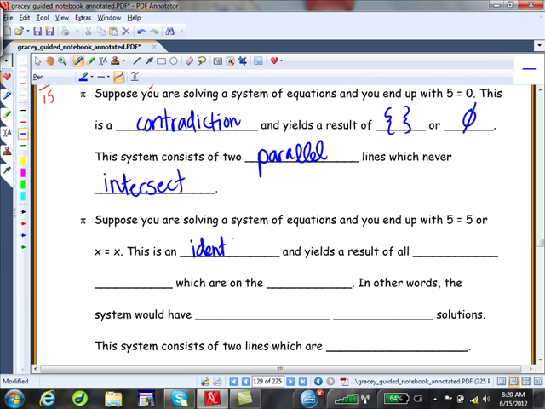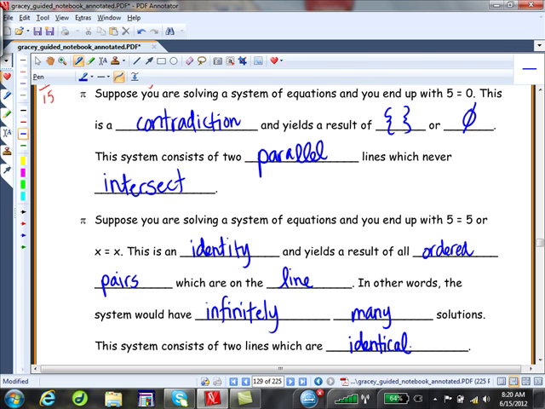It's true, and yields a result of all good ordered pairs which are on the line, because if you get a situation like that, the system will have infinitely many ordered pair solutions, and it consists of two lines which are identical.